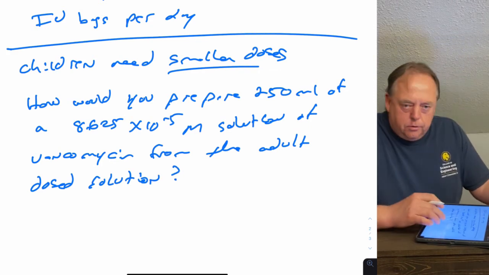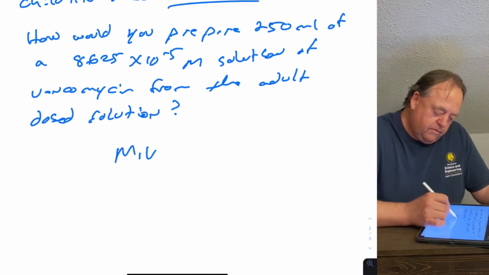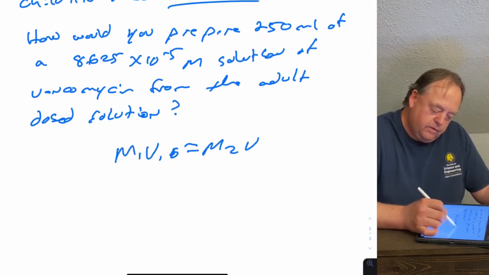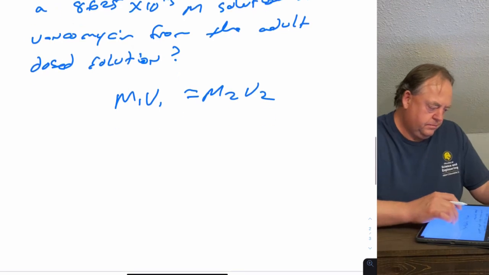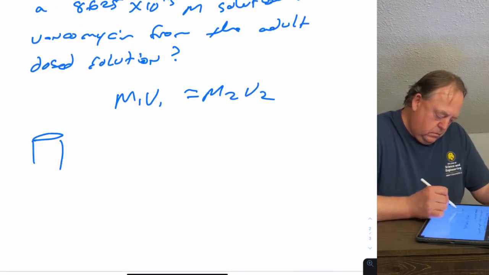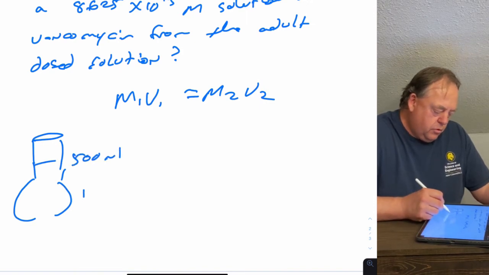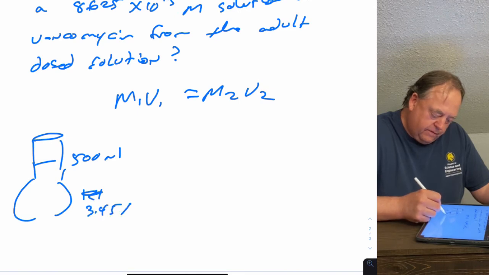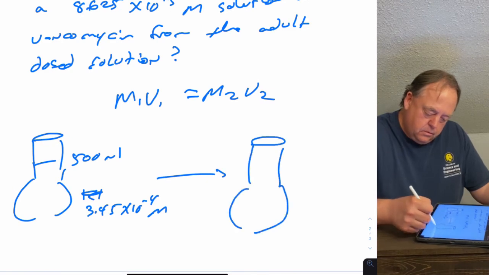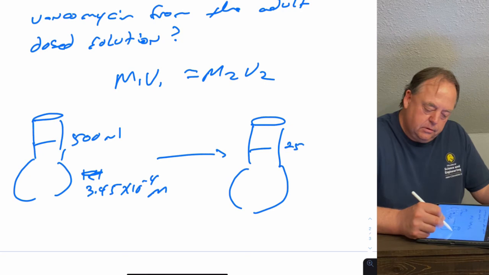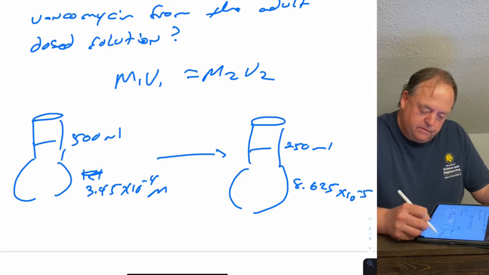So let's prepare it from the adult dosed solution. If you want to do a dilution, then you just need this equation, M1V1 equals M2V2. So we have 500 mL of 3.45 times 10 to the minus 4 molar, and we want to prepare 250 mL of 8.625 times 10 to the minus 5 molar solution.